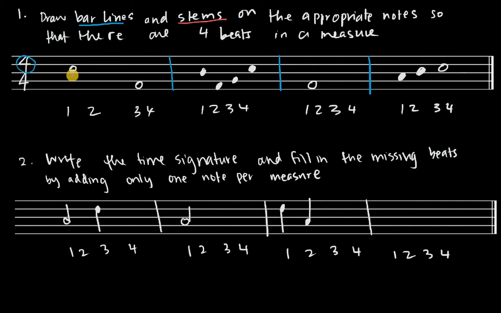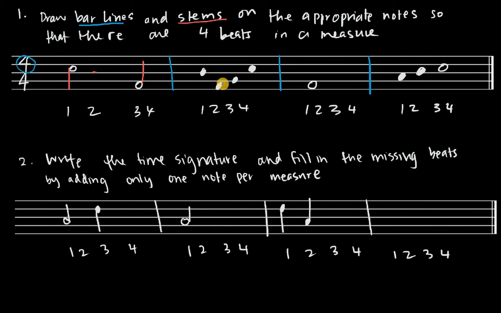The next step is asking us to draw the stems. So, what note can you think of that has 2 beats? Well, it's a half note. And because it is above the 3rd line here, the stem goes down. Another 2-beat note, which is a half note. It's below the third line, so the stem goes up.